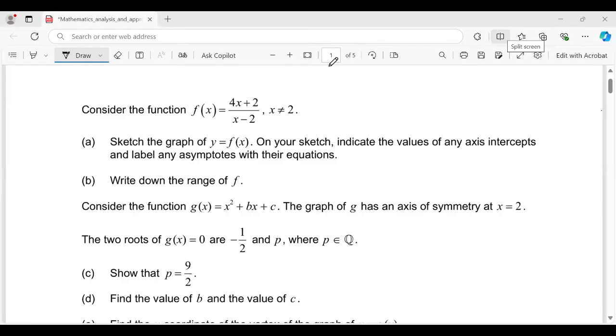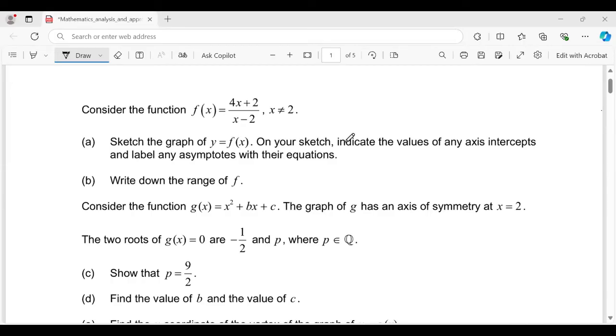Next problem. Consider the function f(x) equals 4x plus 2 over x minus 2. This is a rational function, where x is not equal to 2. Sketch the graph of y equals f(x).